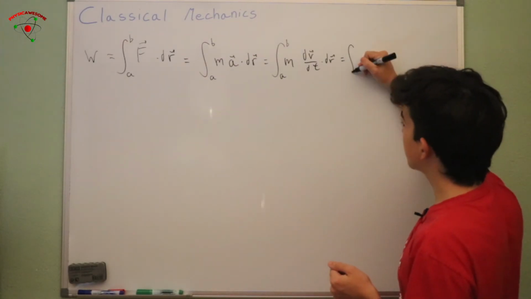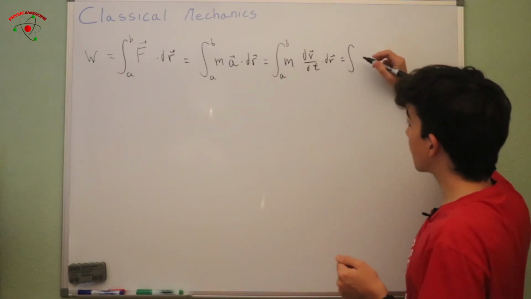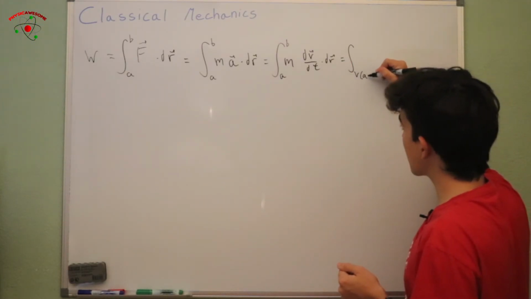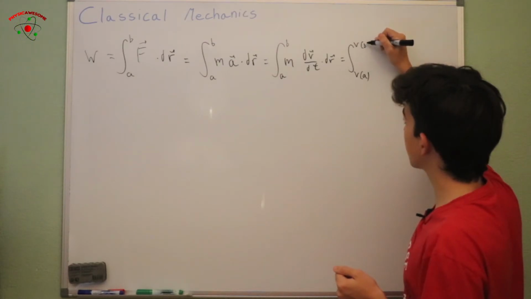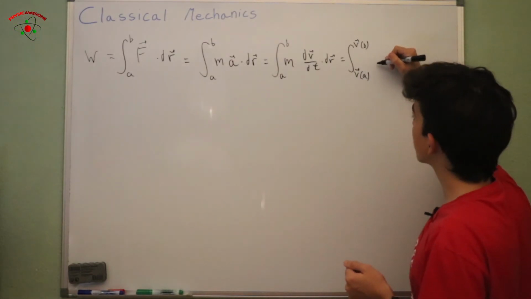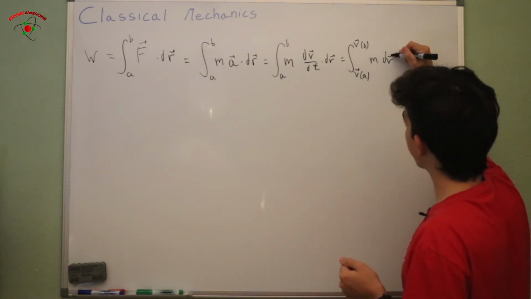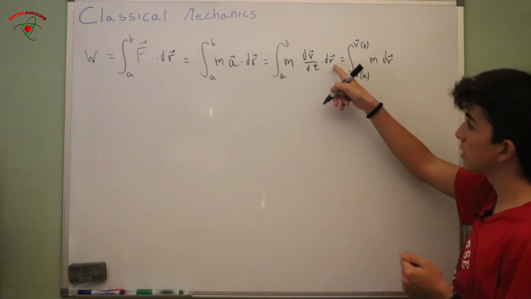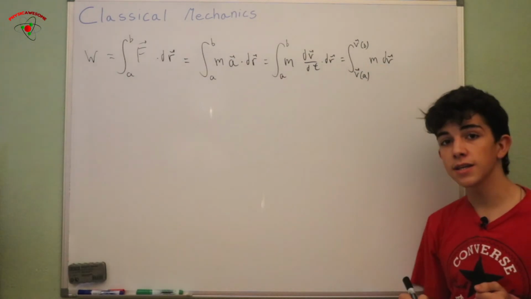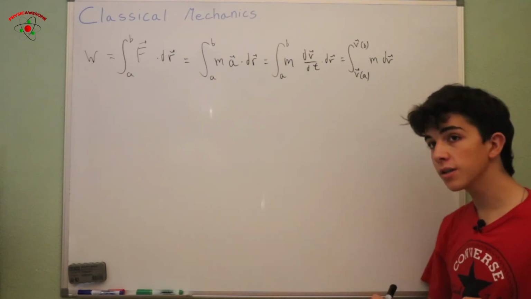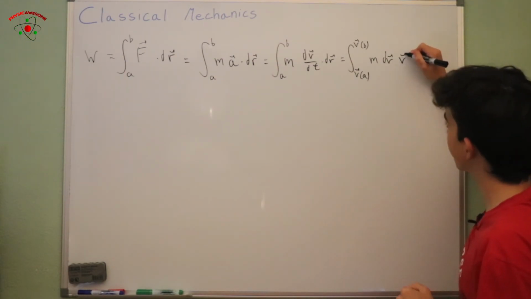We have that this is the integral from v_A to v_B of m dv times dr/dt, which is no other thing than the velocity.